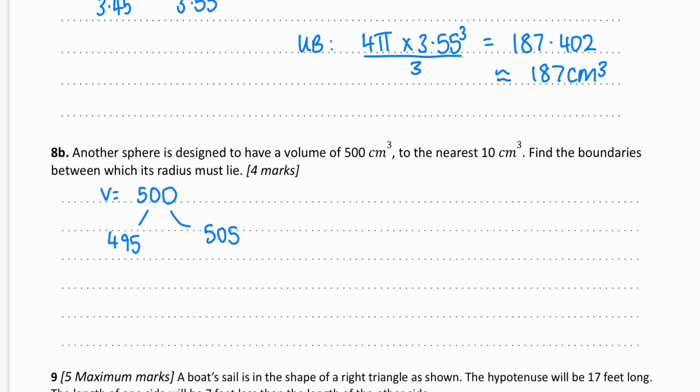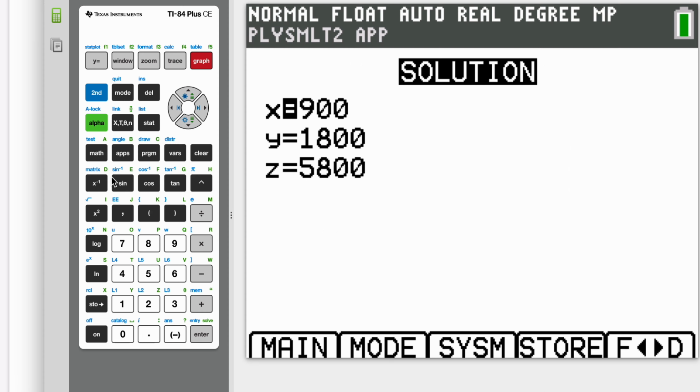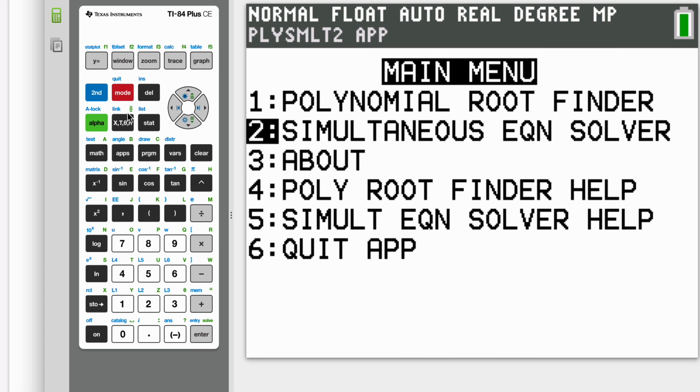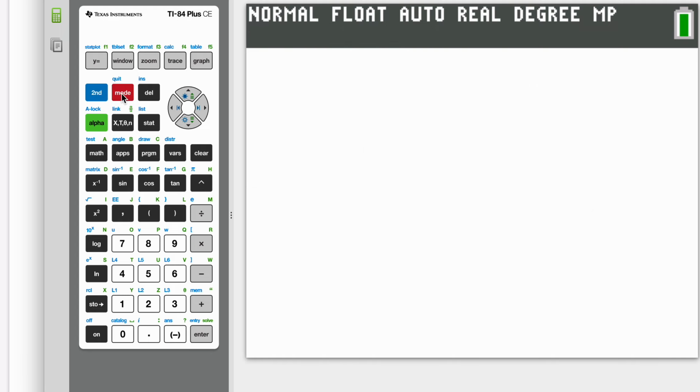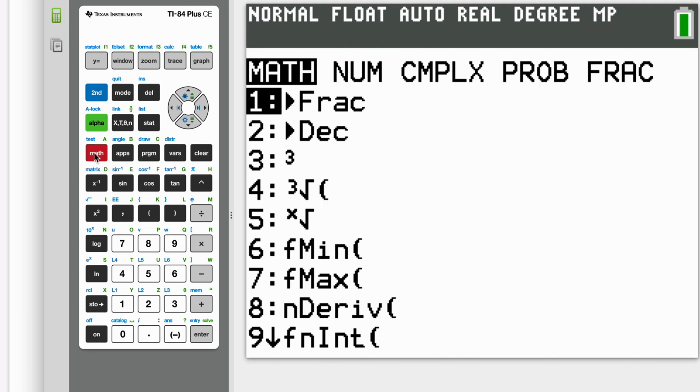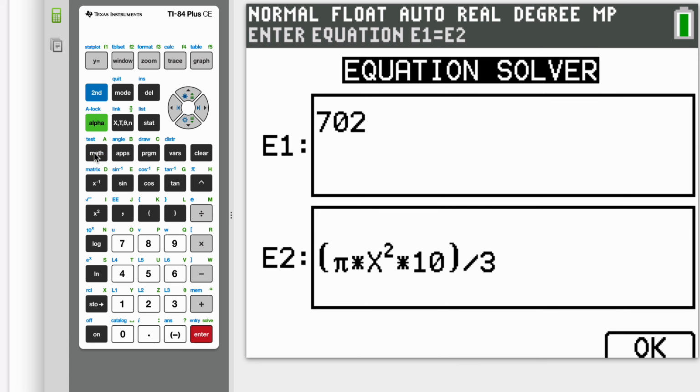To calculate the lower bound, I'm using that same formula, but this time I know the volume. So the smallest volume is 495, and that equals 4 pi r cubed over 3, and I'm trying to find r. This time I can do this rearranging on my calculator. I'm going to go into math and numeric solver.